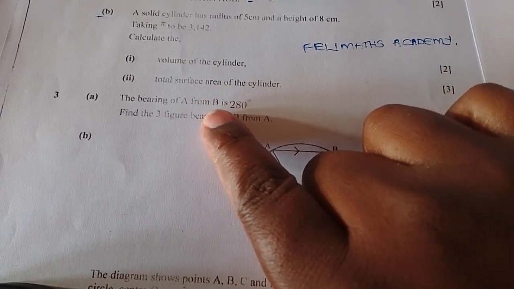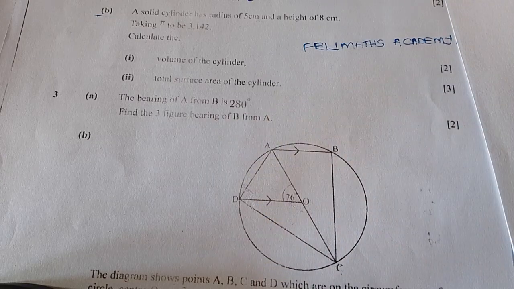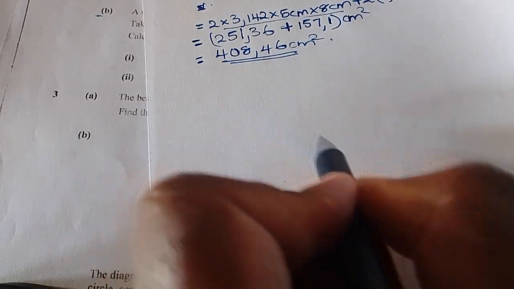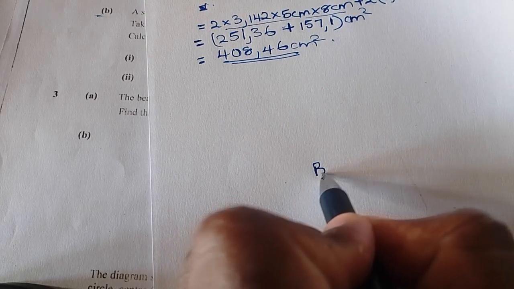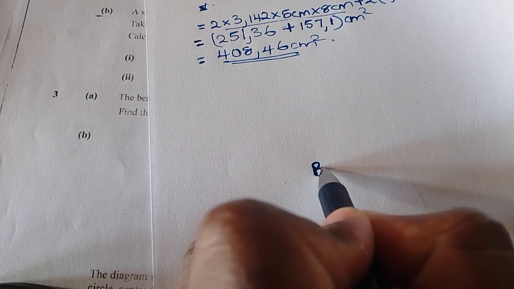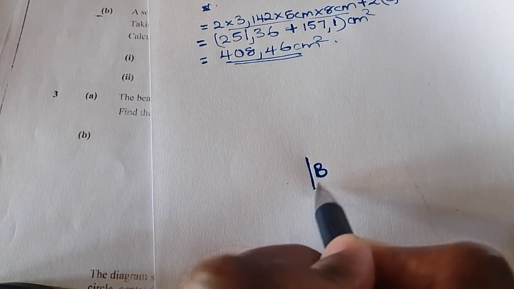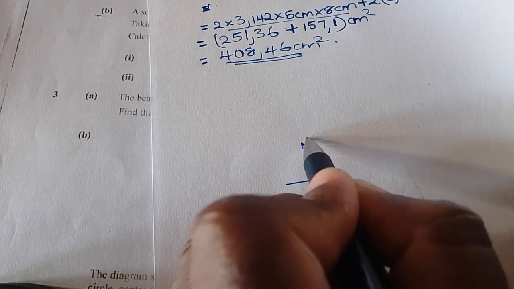The bearing of A from B is 280 degrees, right? So we are saying the bearing of A from B. We put our compass at the point we are told from, so it's from B. That's our B. This is our north line.